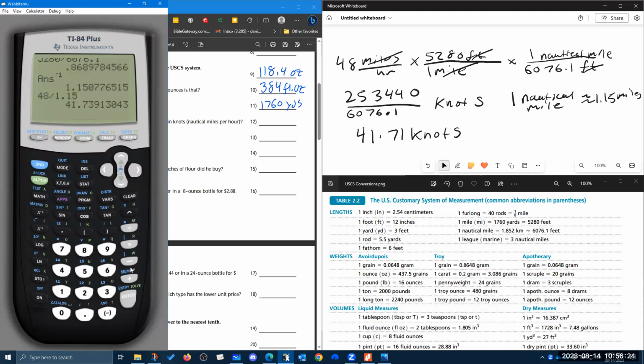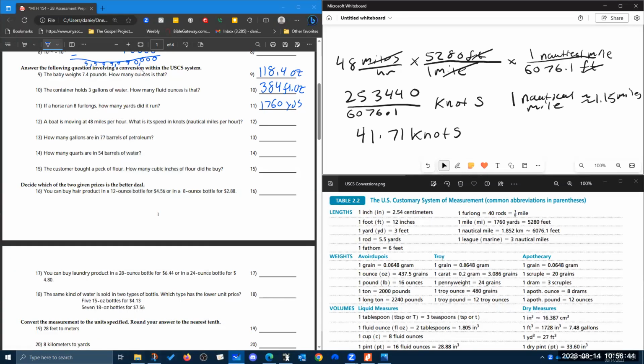And see, it's a little different, but it's very close. So to go from miles to nautical miles, you divide by 1.15. All right, we'll leave this as is here.